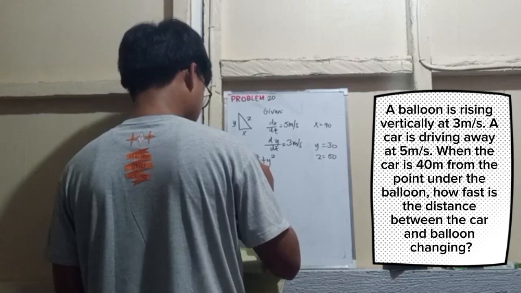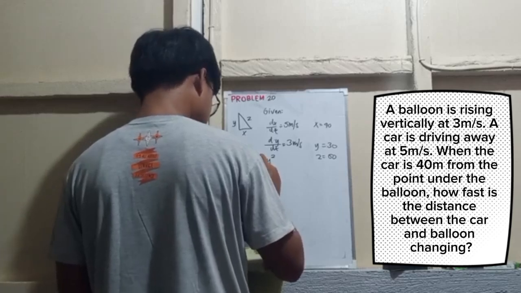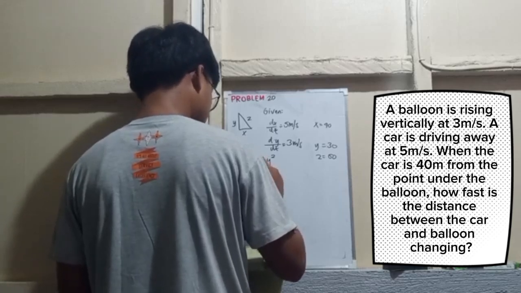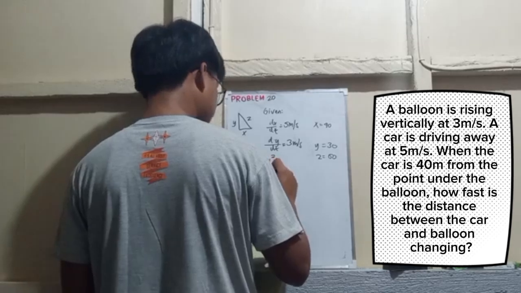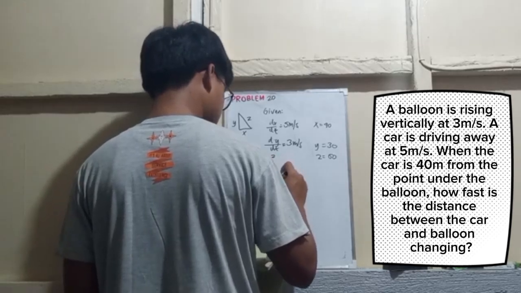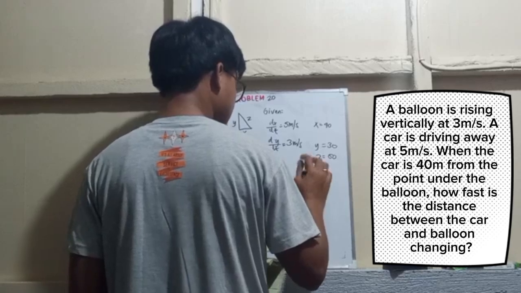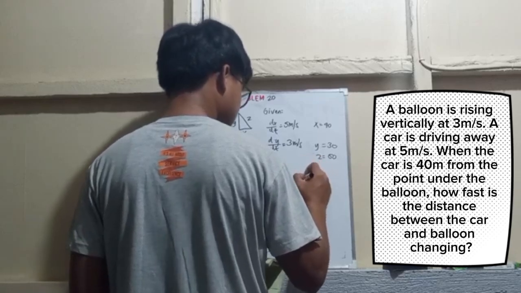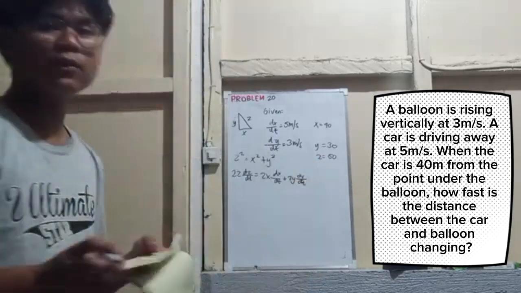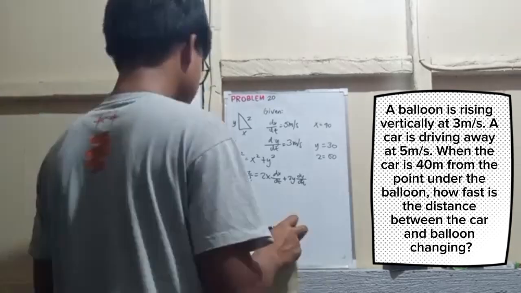And we'll differentiate the formula. So it will now be 2z dz/dt = 2x dx/dt + 2y dy/dt. Now we'll substitute the given.